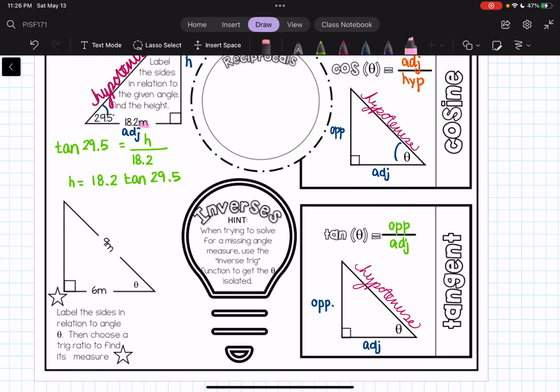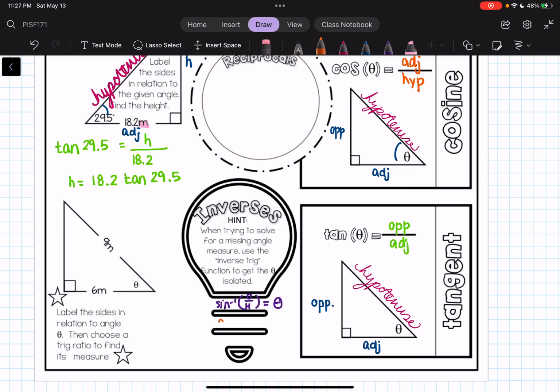All right, so before we do the next example, I want to tell you about inverse ratios. So these are trig ratios. They're also trig functions. So sine has an inverse, and our inverses are used to find the angle. In this case, I'm just going to call my angle theta. Inverse sine of opposite over hypotenuse will give me theta.